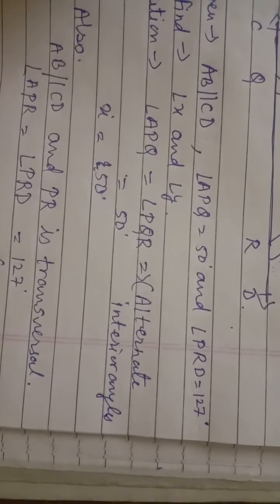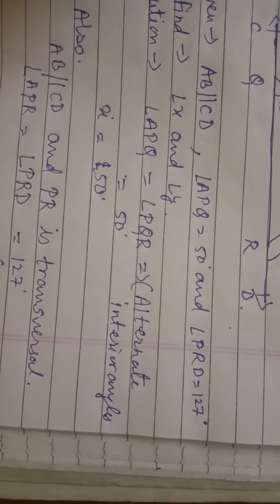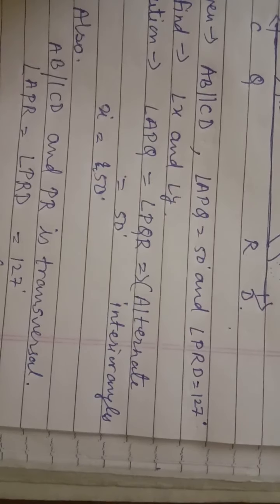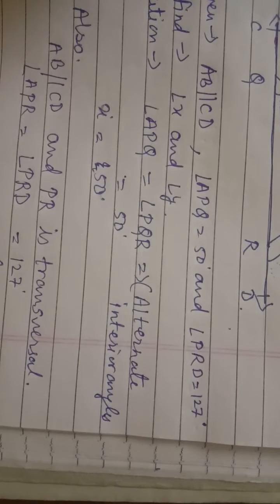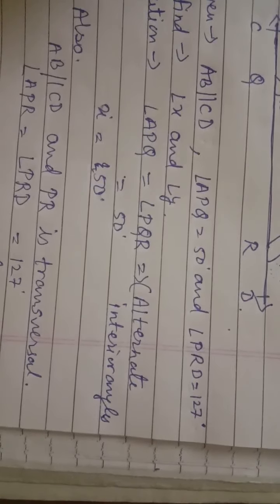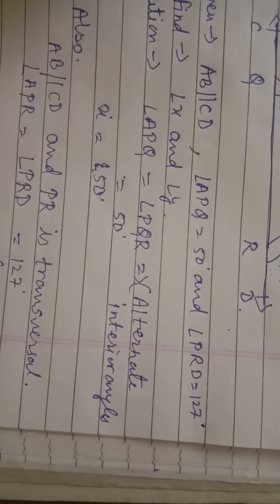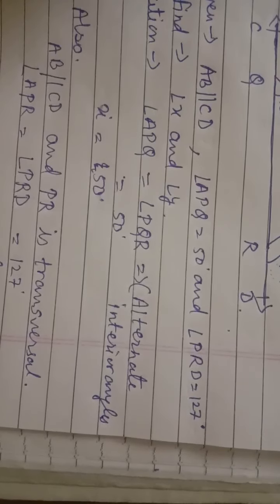So angle APR is equal to angle APQ plus angle QPR, which is equal to angle PRD.